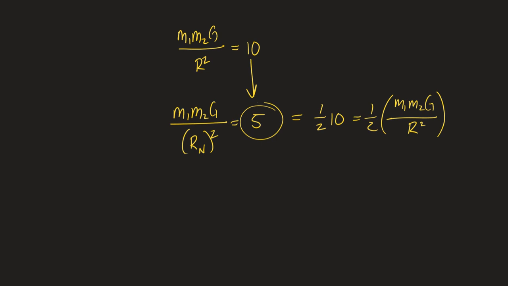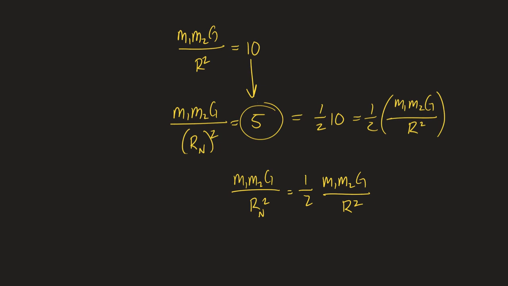Okay? So cut out all the middle stuff, and I get m1 m2g over r new squared equals 1/2 m1 m2g over r squared.